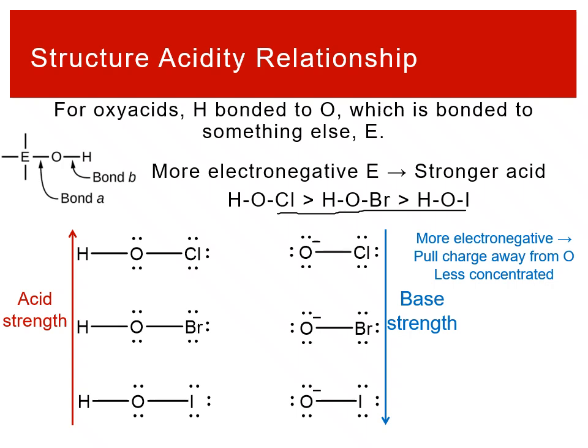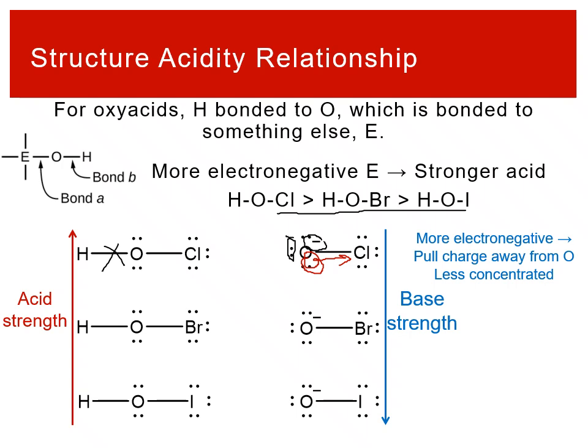We know that it's this HO bond that breaks, and so the negative charge is localized onto the oxygen atom, because that bond went from being a bond to being a lone pair on the oxygen atom. Because the chlorine is electronegative, some of that electron charge gets pulled over towards the chlorine, and that extra negative charge is less concentrated on the oxygen atom.